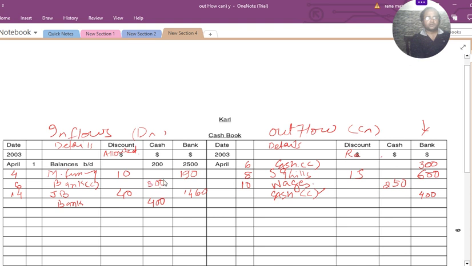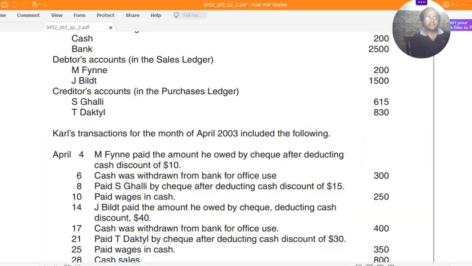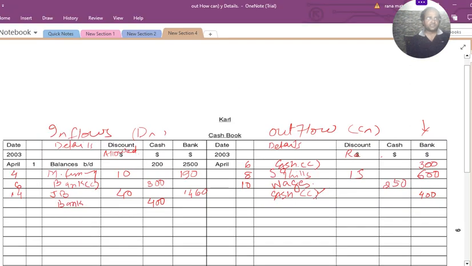We write down the date, which is 17. And that is a contra entry.